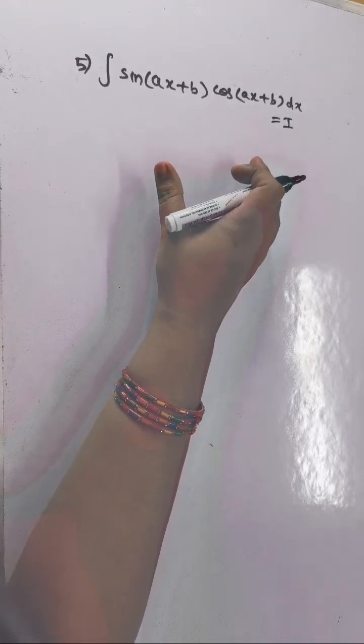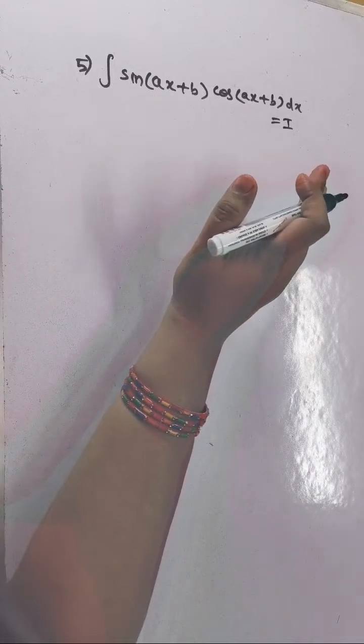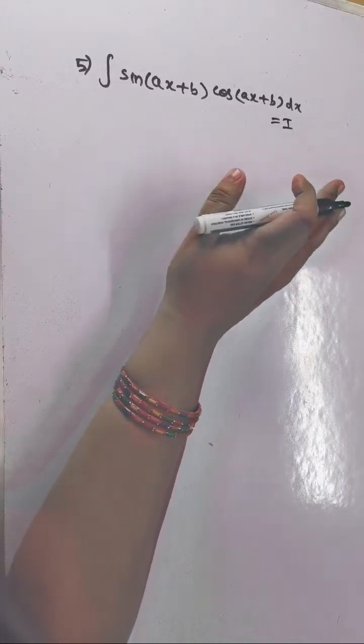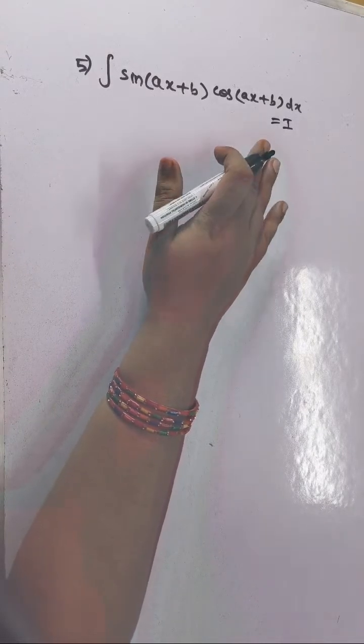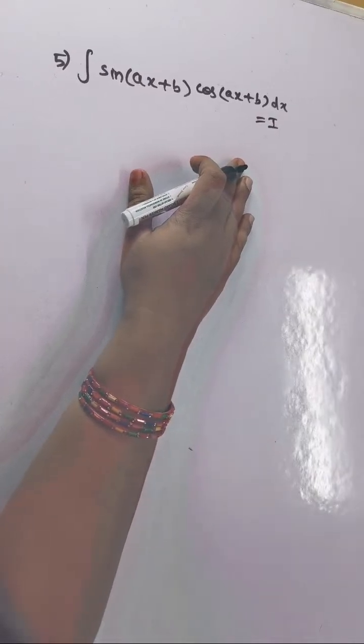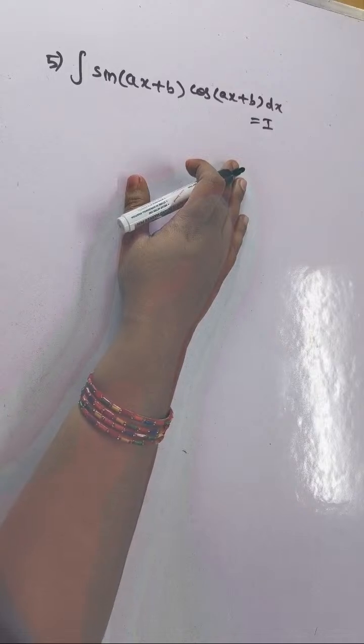Those formulas are very important for this upcoming exercise, because in integration mostly you'll have trigonometric questions. For solving those questions, you should be thorough with algebraic and trigonometric formulas and properties.